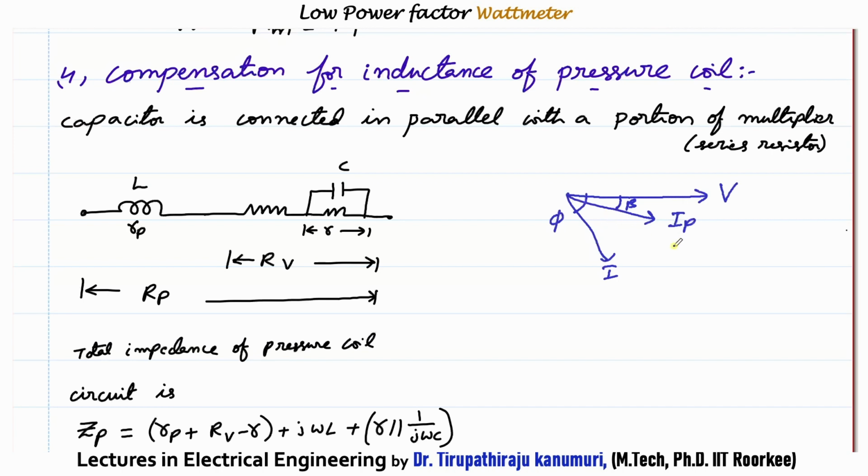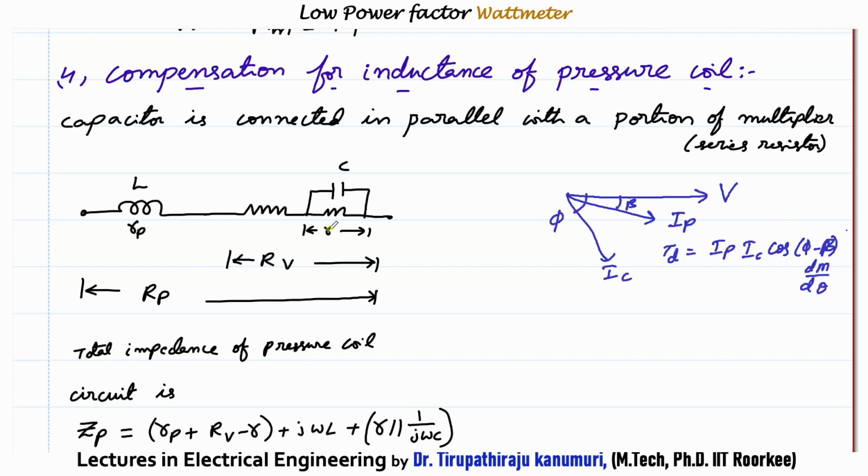The deflecting torque will be proportional to Ip into Ic, the current coil current, into cos of the angle between them, phi minus beta, into dM by d theta. Because of beta, the error is introduced. I want to nullify the effect of beta, that is, remove the effect of the inductance.